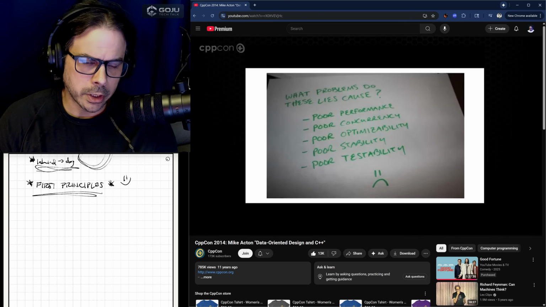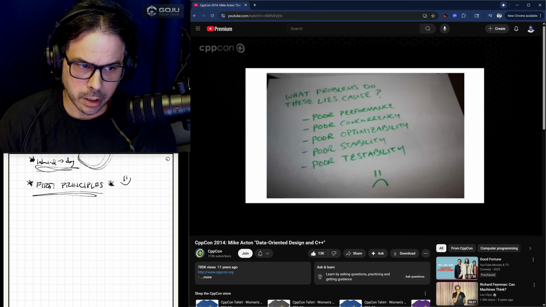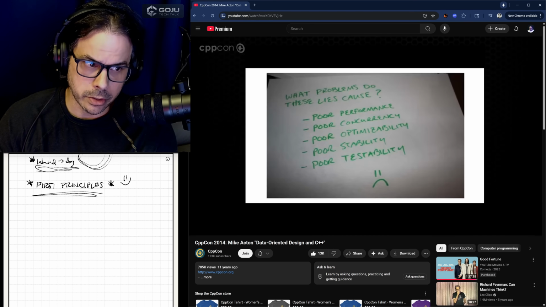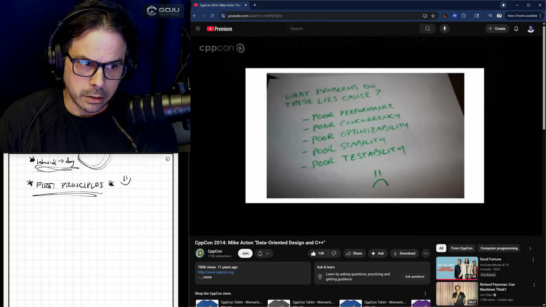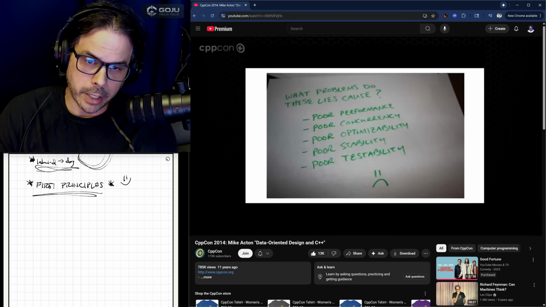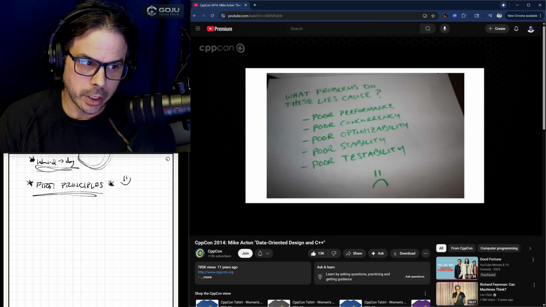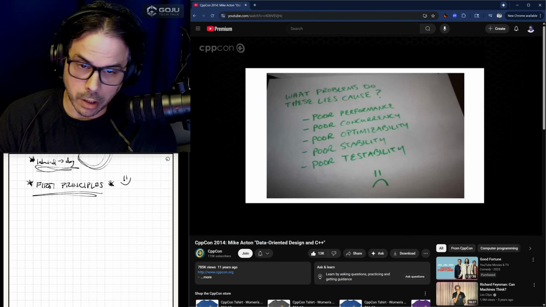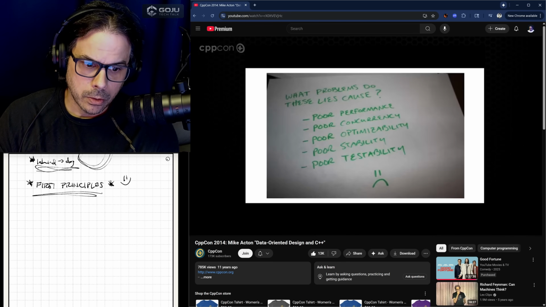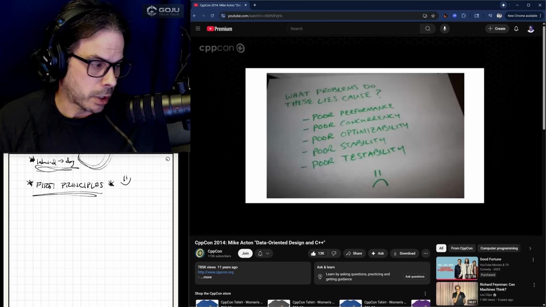Poor optimizability, yeah, I think that's actually happening. Poor stability, yep. They have massive stability issues like hallucinations. And then testability, yeah, they're stochastic. That's what the language models are. And therefore, you test it and it's right, and then you test it again and it's wrong. So he's knocking this out of the park now.